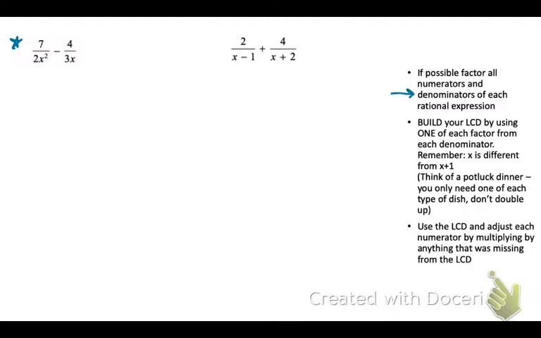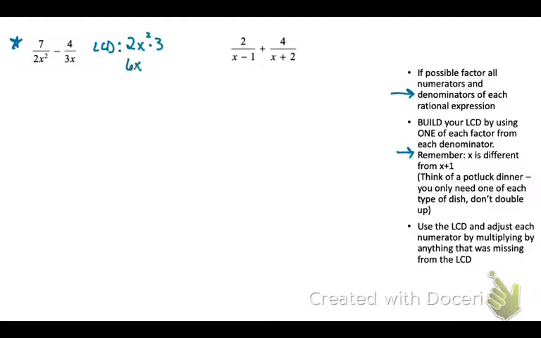So we're looking at the first one I have a star by, and if we can factor or simplify those rationals, and we cannot. So now we're going to build our common denominator, or our least common denominator. So first I look at my denominator on the left, and I need the factor of 2 and an x squared.